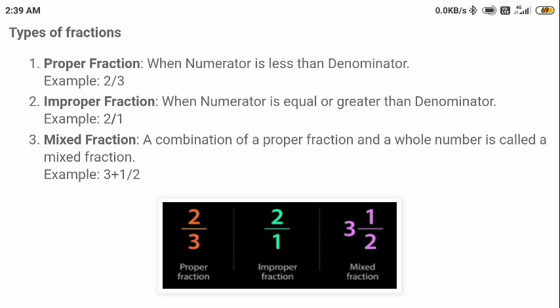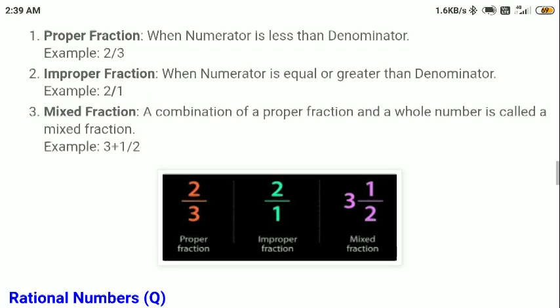This fraction is defined to measure something which is not complete out of any full thing. So when this definition is properly followed, we will say it is a proper fraction.